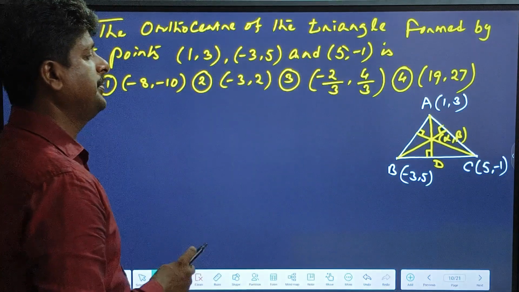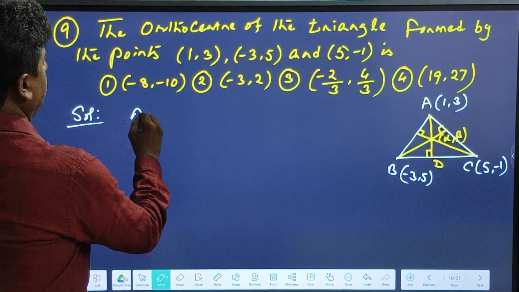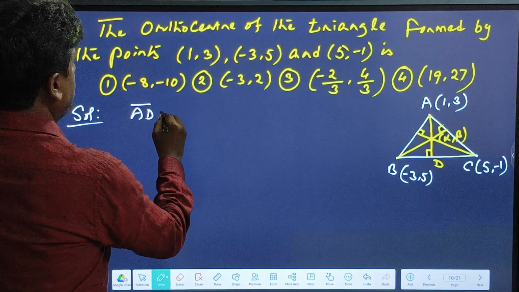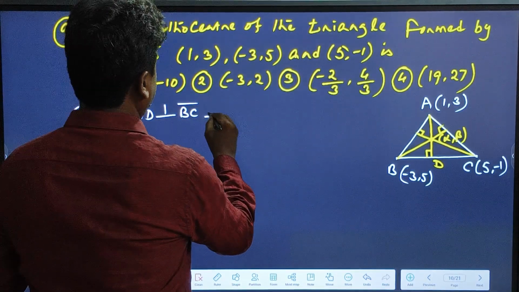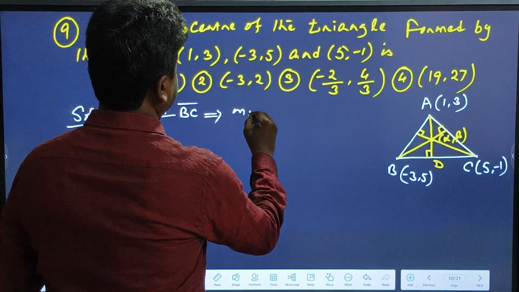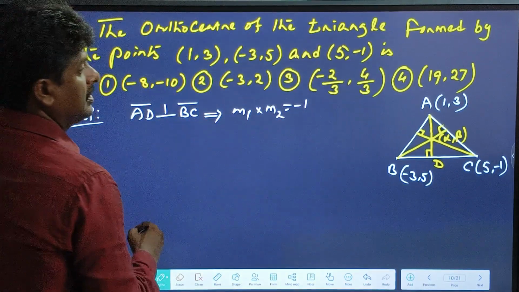Whenever the orthocenter is alpha, beta, we know very well from the diagram that AD bar is perpendicular to BC bar. This implies the product of slopes m1 into m2 is equal to minus 1.